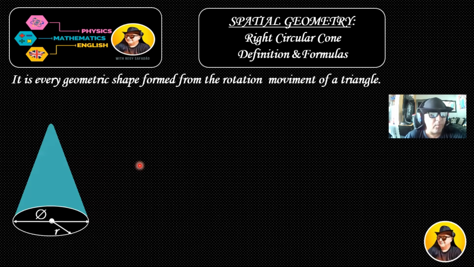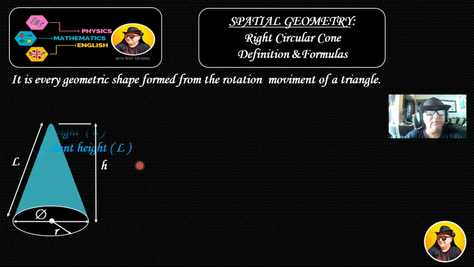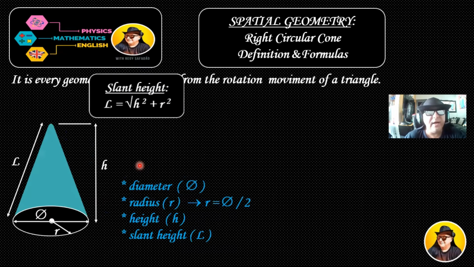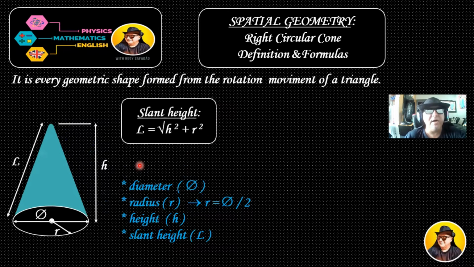Radius R, and here we have the height. R is half of the diameter. Height is H, and the slant height is L.